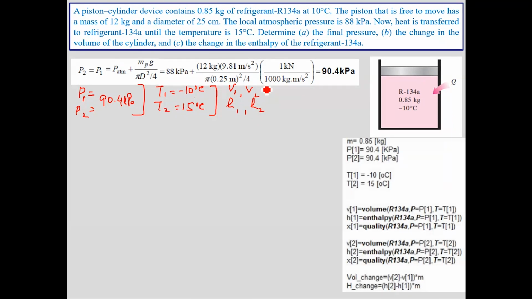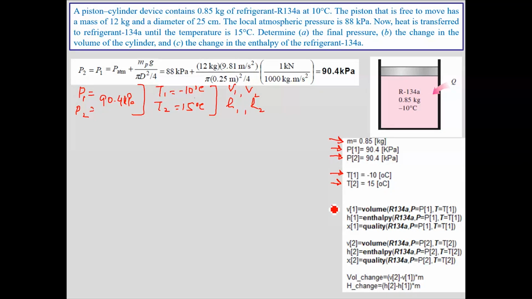So I'll write the program again. 2 rows for 2 states. Mass is 0.85 kg. Pressure for state 1 stored in row 1 is 90.4. Pressure for state 2 stored in row 2 is 90.4. Temperature for state 1 is minus 10 degrees centigrade. For state 2 stored in row 2 is 15 degrees centigrade.